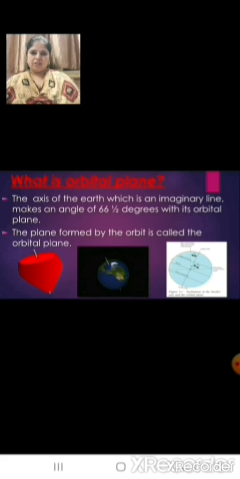So the axis of the earth, which is an imaginary line, makes an angle of 66.5 degrees with its orbital plane. The plane formed by the orbit is called the orbital plane. Children, we can understand it more clearly by seeing these two diagrams.